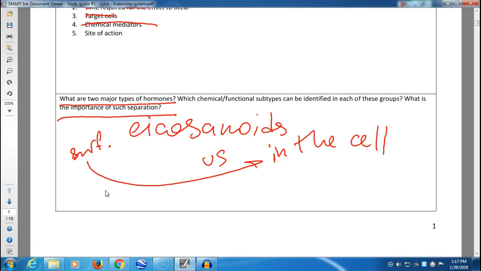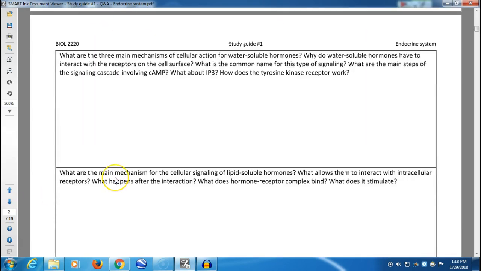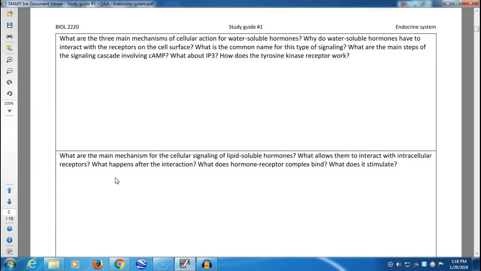Now, look, what I do, I quickly structure what we've already learned. So we go deeper and deeper in the details. We go from big picture to small details. So now, for water solubles, I ask for three major mechanisms.